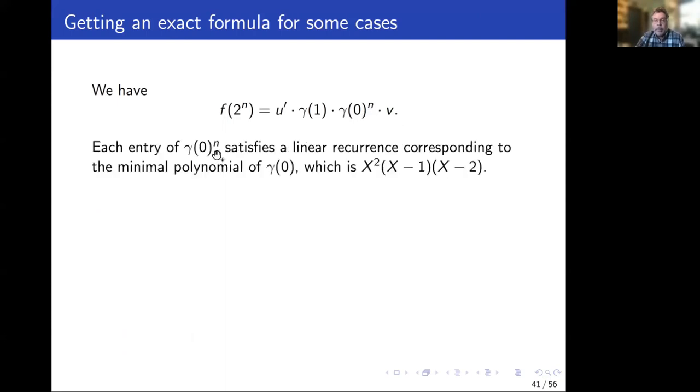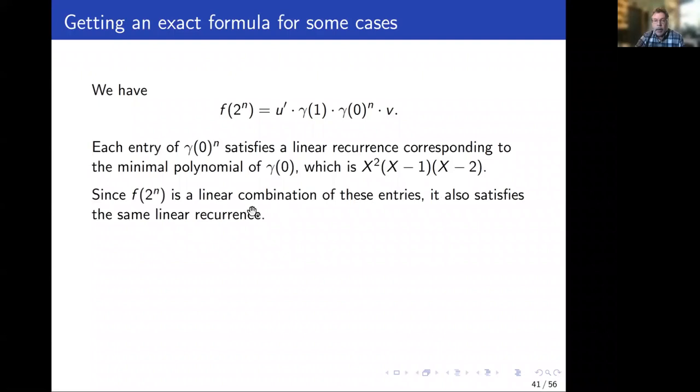Every entry of the matrix gamma of 0 to the n satisfies a linear recurrence that corresponds to the minimal polynomial of gamma of 0. And then we can just use Maple to say, what's the minimal polynomial of that 8 by 8 matrix? And we get that it's this thing. And now f of 2 to the n is going to be a linear combination of the entries of gamma 0 to the n, right?